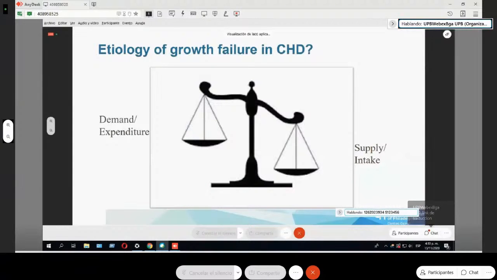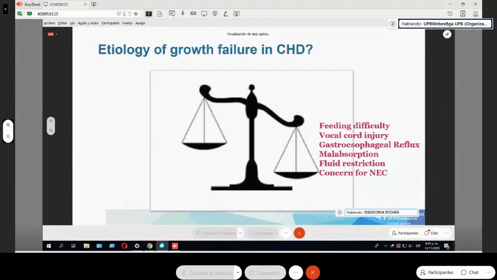Entonces la etiología de la falla de crecimiento en esta enfermedad multifactorial es tener un equilibrio entre la alimentación, porque estos bebés tienen dificultad de alimentación debido a los tubos, hay lesión de cuerdas bucales, reflujo gastroesofágico, mala absorción de nutrientes, restricción de fluidos, y es una preocupación para los pediatras.